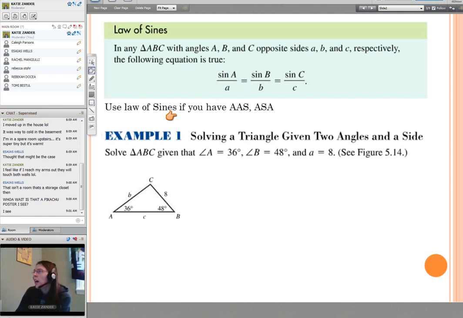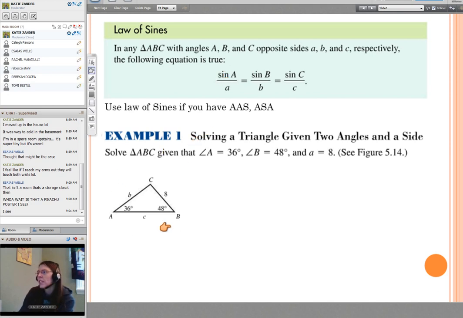All right, so looking at the example below here, if I can set up a ratio using an angle and the side opposite that, I can compare that to another ratio, and I can start creating a proportion to help me solve. And if I have a proportion, then we're going to cross multiply to find the missing piece of information.